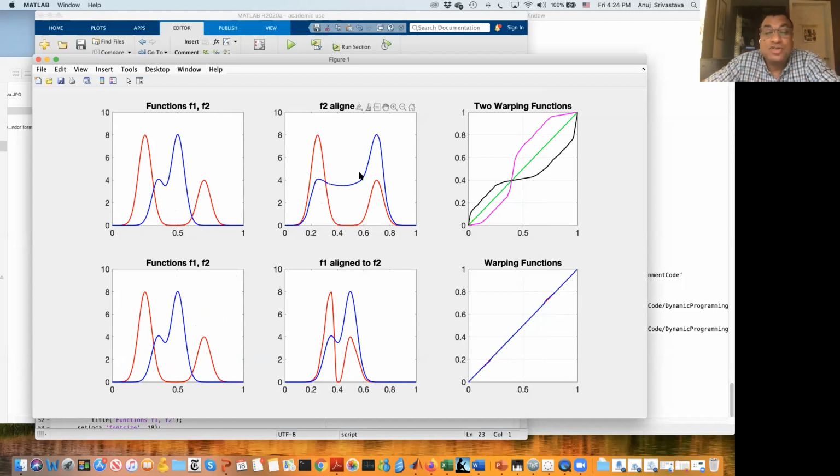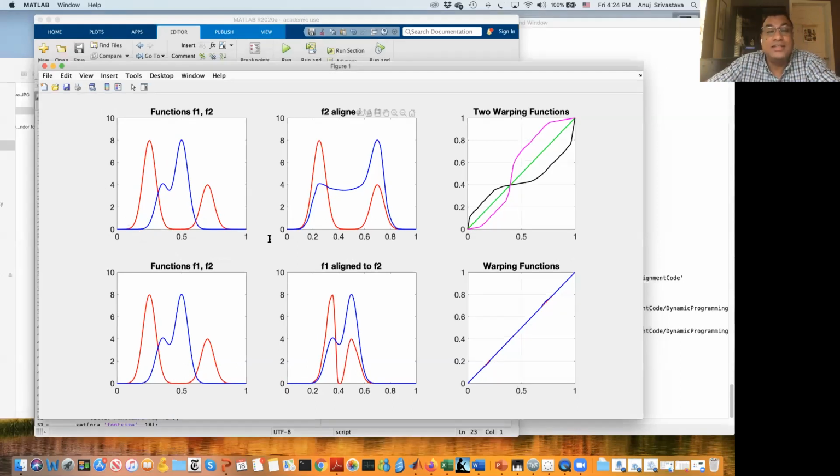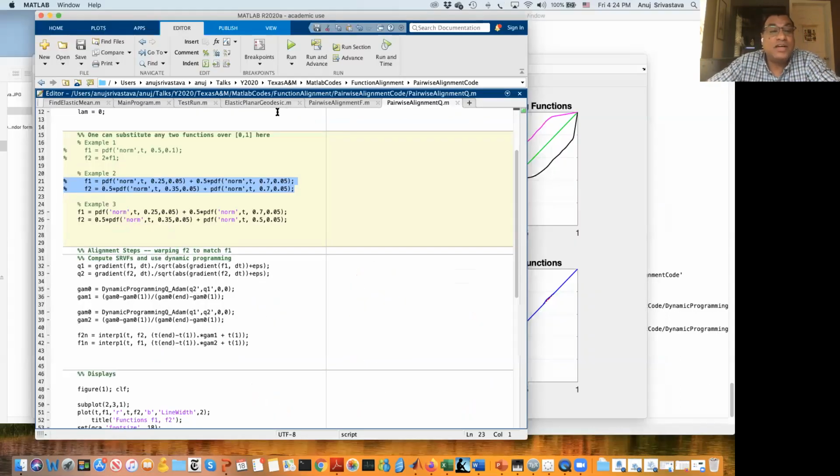So it takes the two peaks and stretches the blue in the top row to align with the red, and we get a certain warping function. In the bottom, it takes the red and compresses the separation of the peaks, bringing them closer to align with the peaks. These are all simulated functions, but the alignment works quite nicely. And this is pairwise alignment.